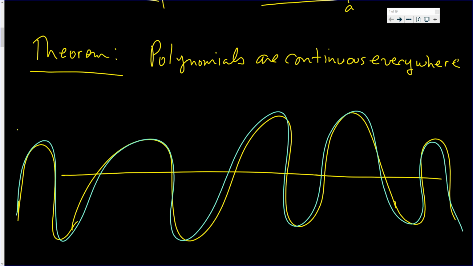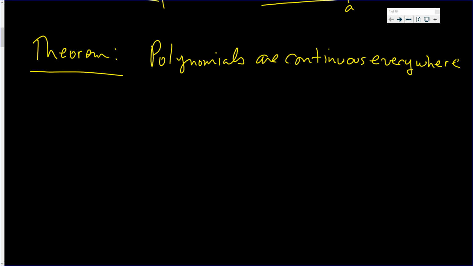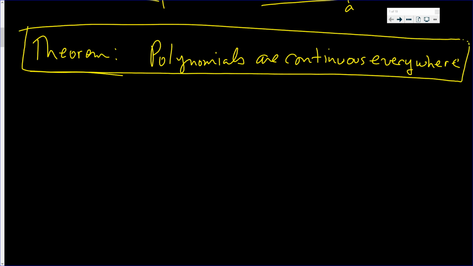Polynomials are continuous. We're not going to prove that. Ask your teacher in class to prove it, or watch my other videos on this channel where I prove theorems. Okay, so now this is a very big theorem when it comes to doing these continuity problems.